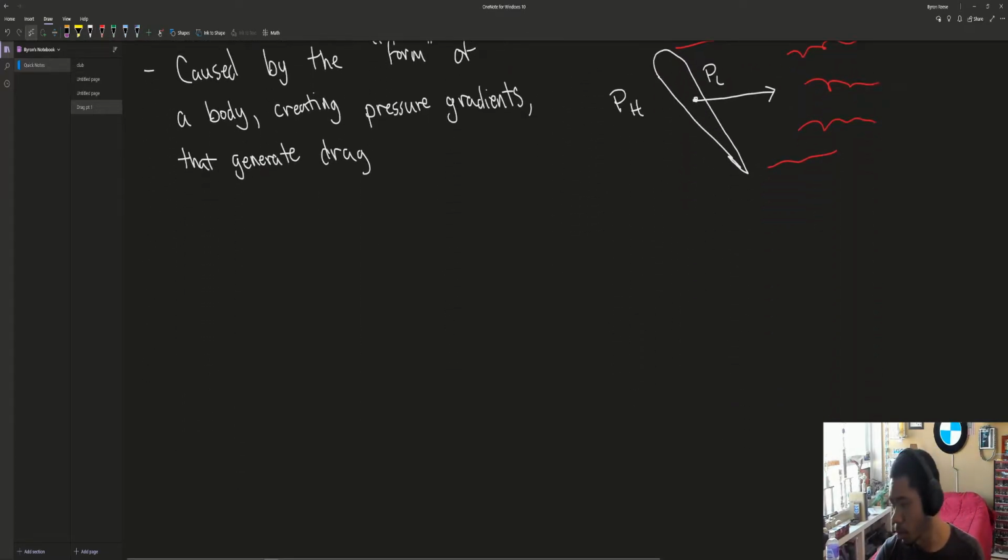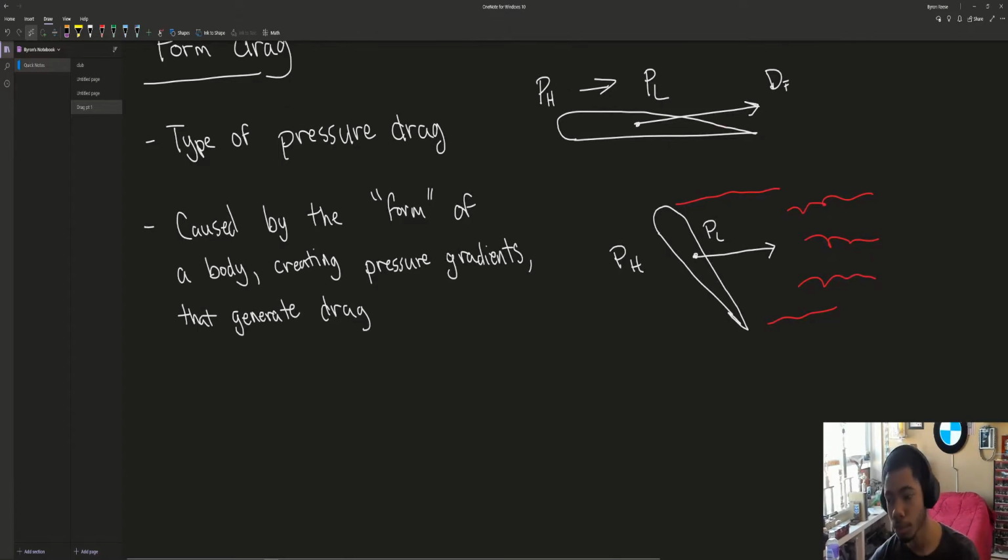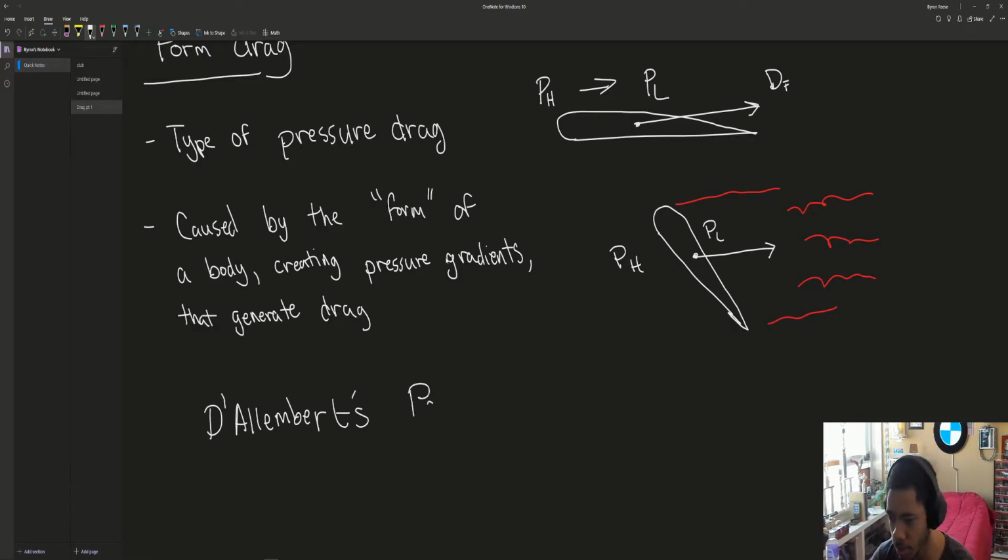Now, while we're on this subject of pressure, there's a very important thing called D'Alembert's paradox. I hope I pronounced it right, and I hope I'm spelling it right too.